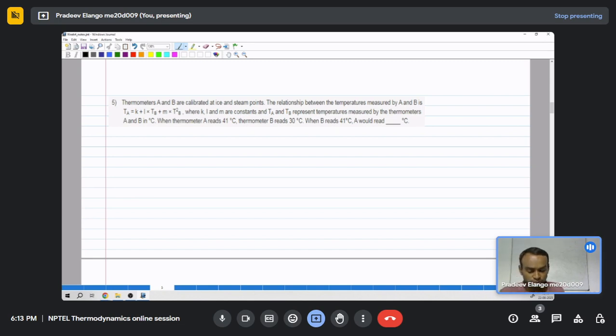So there are two thermometers A and B, and both have a relationship given by TA is equal to K plus I into TB plus M into TB square. These both thermometers are calibrated at ice point and steam point.